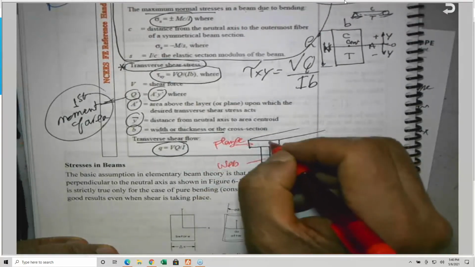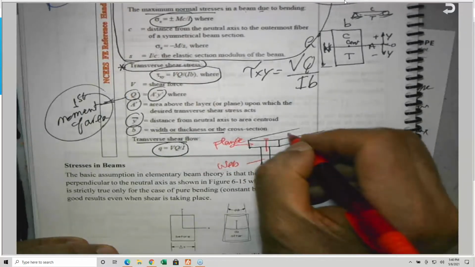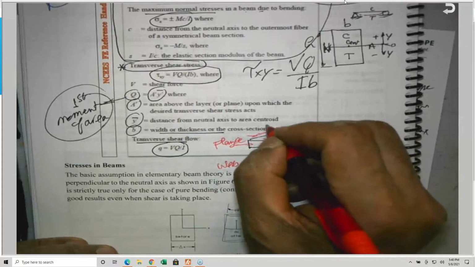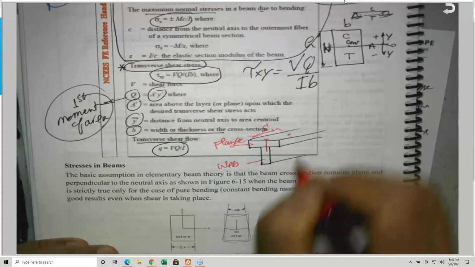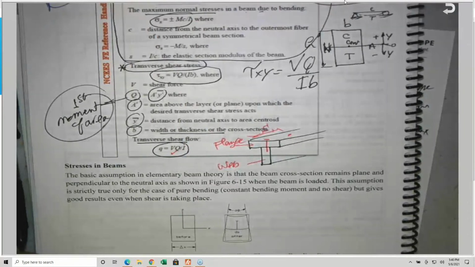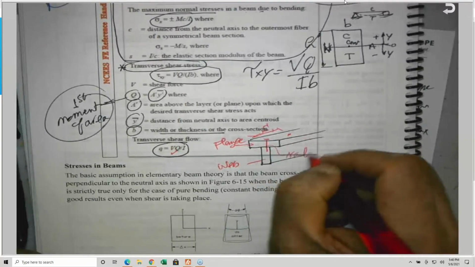I need to nail this, so I put a nail here. The nails are spaced at a certain distance, we call it S. How many nails are needed? We use this equation to determine the transverse shear flow and the spacing between nails. And you will learn this.